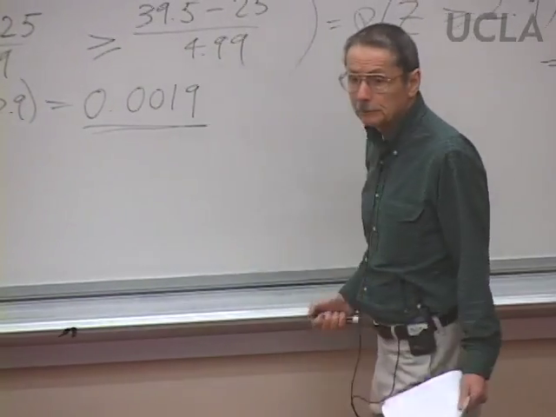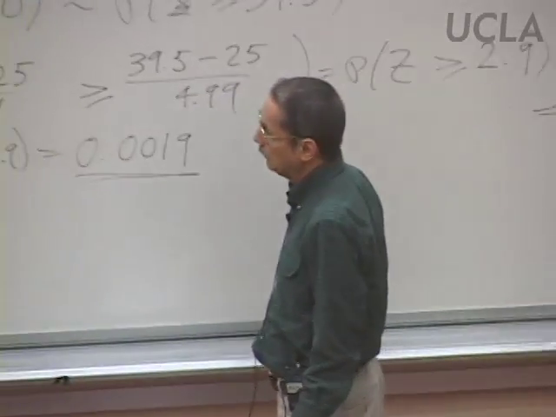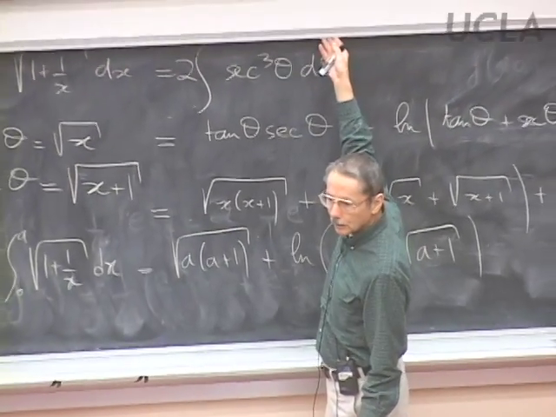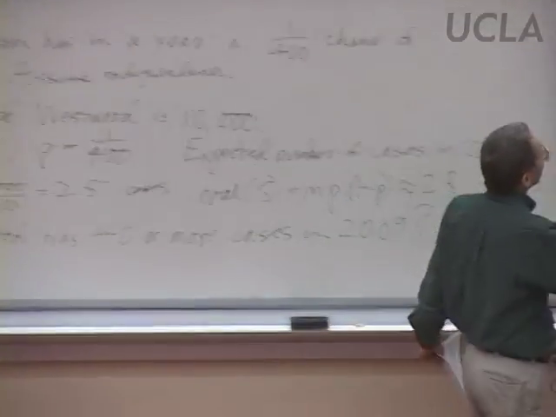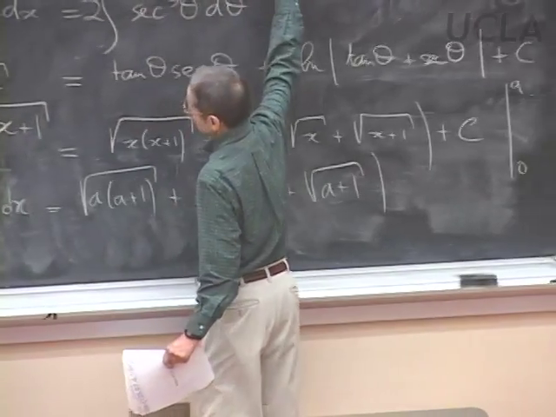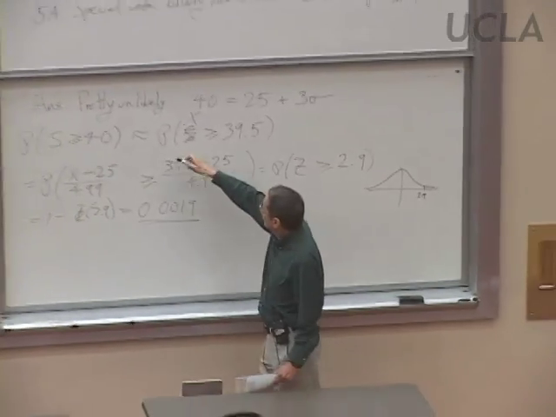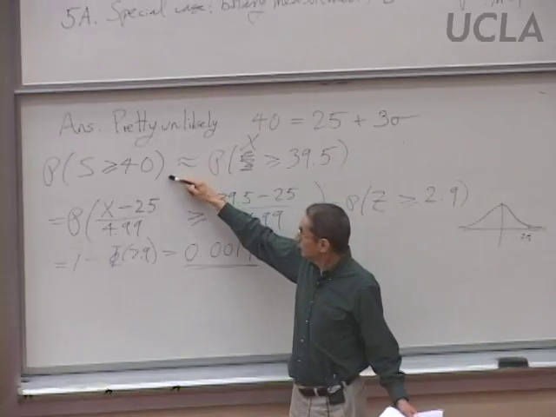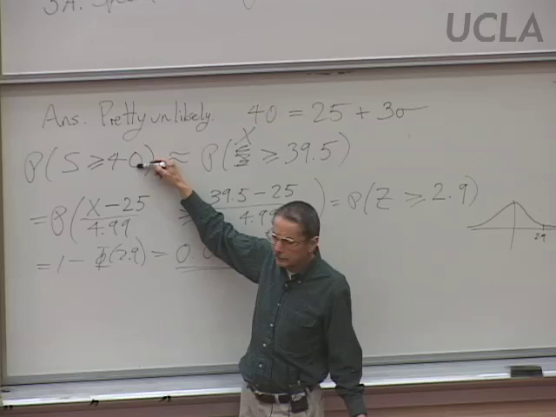Well, at the end of this problem, let me look at a completely different problem briefly. Okay, it's a binomial random variable, probability of 40 or more.